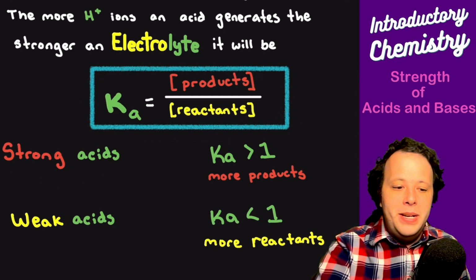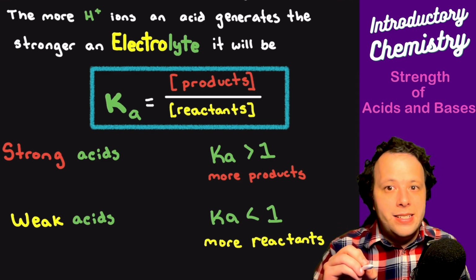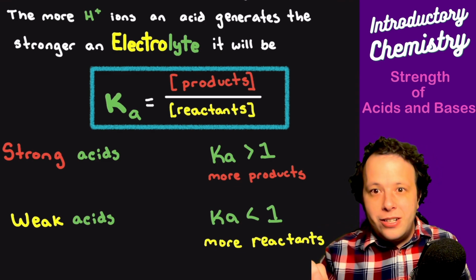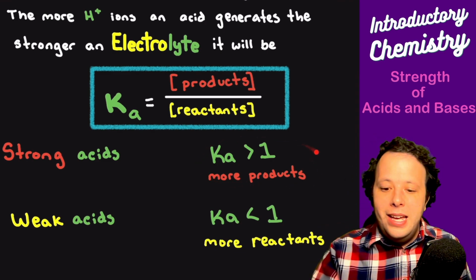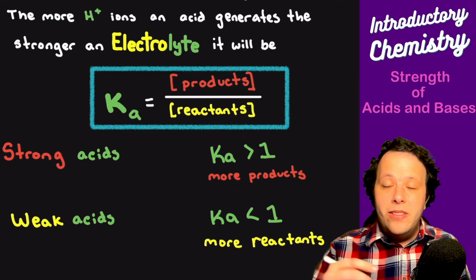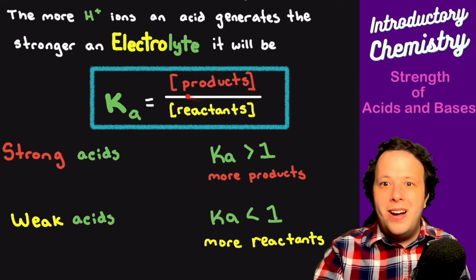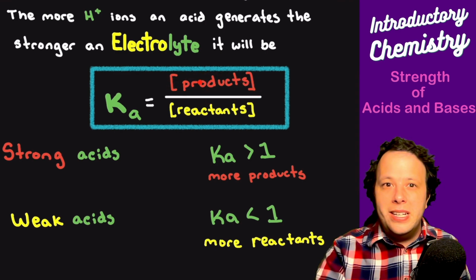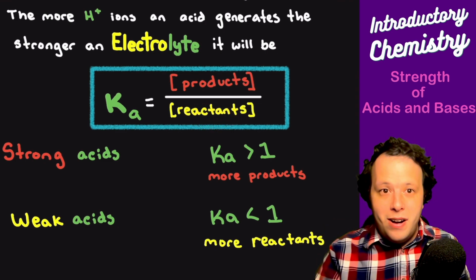So when it comes to a strong acid or a strong electrolyte, typically that Ka is much greater than 1 because there are a ton of ions, right? All products in there. So this number is really, really big. And as a result, the reactant side is as tiny as it can get, because you have all products.